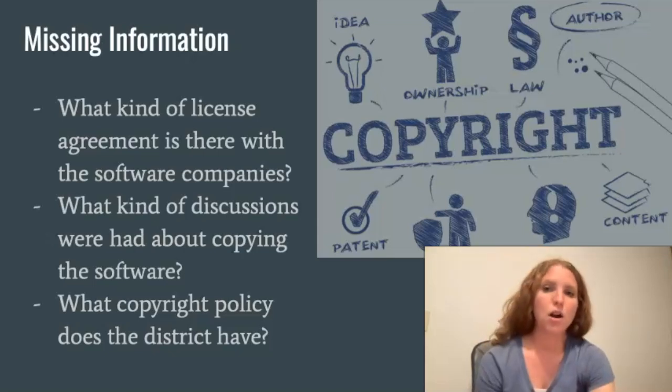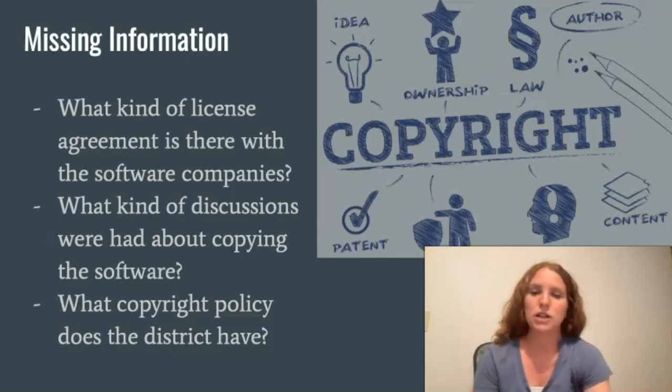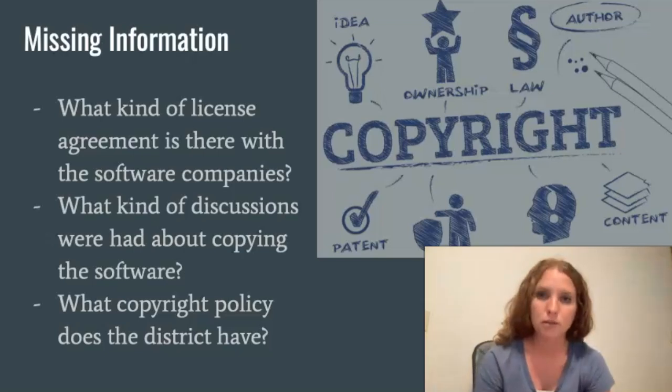I also want to know what kind of discussions were had about copying the software, because I know, and I have worked in a district, that the superintendent is also a principal, and in that position you are spread very thin, and so people sometimes take it upon themselves to make decisions that should also include admin.